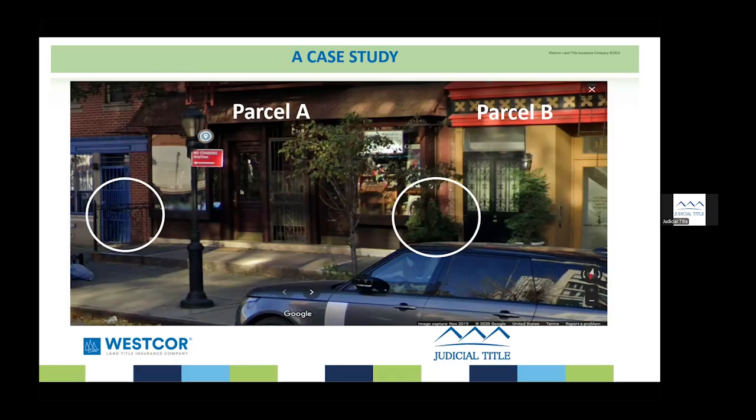A LLC purchased the parcel from a prior owner who owned it since 1998. Parcel B is currently owned by an individual, a member of B LLC. B LLC acquired its interest in 2005 and shortly after conveyed the property to individual B.